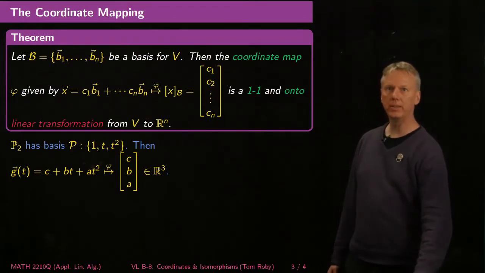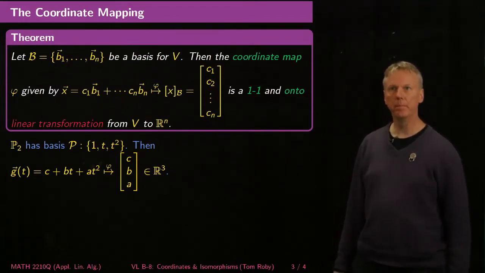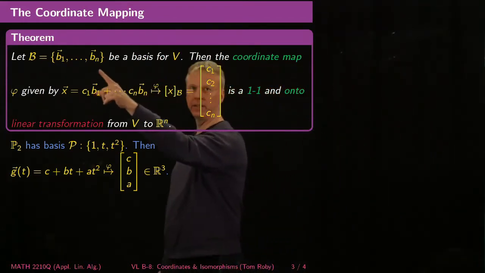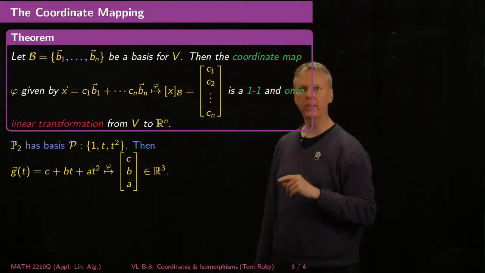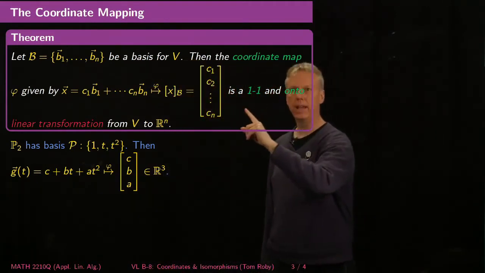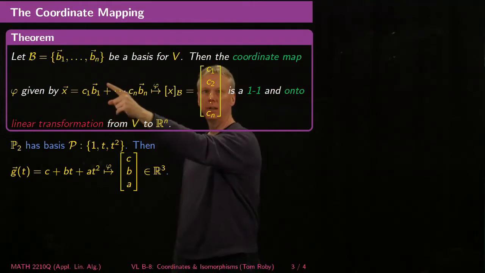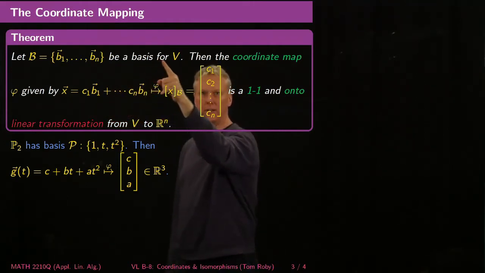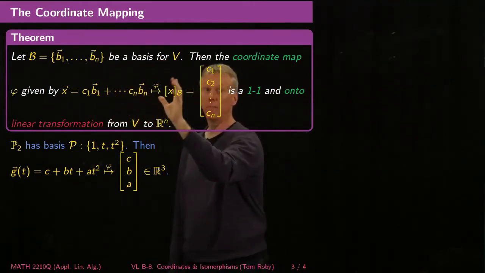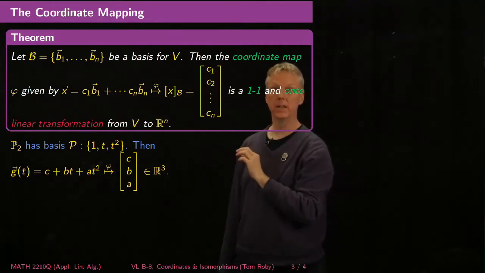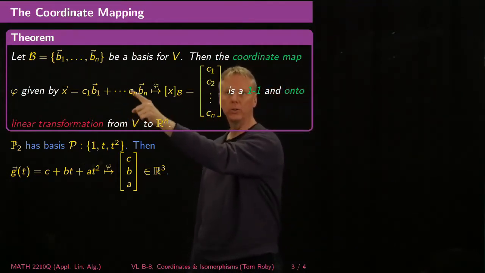Okay, so here's the main theorem, which is that suppose I've got a basis with n things for V. Then I can think about this mapping that takes a vector x. If x is in the vector space, then I can always write it in terms of the basis. That's what it means to be a basis. And in fact, there's a unique way to write it.